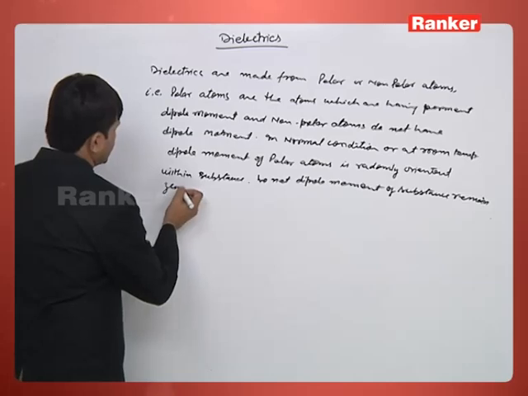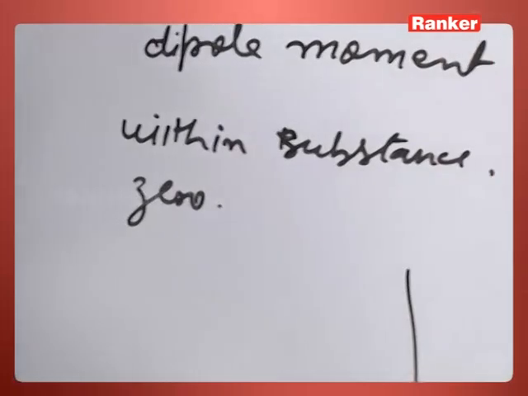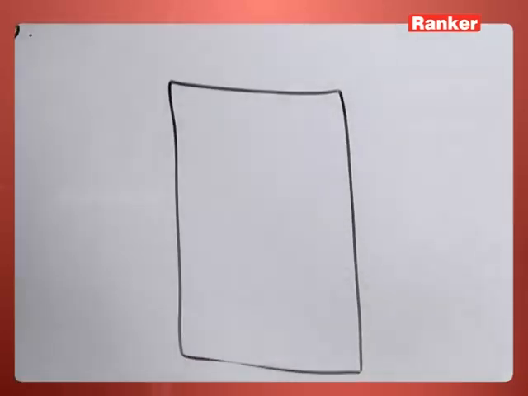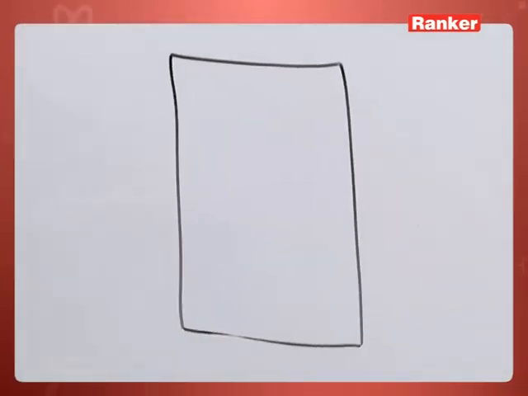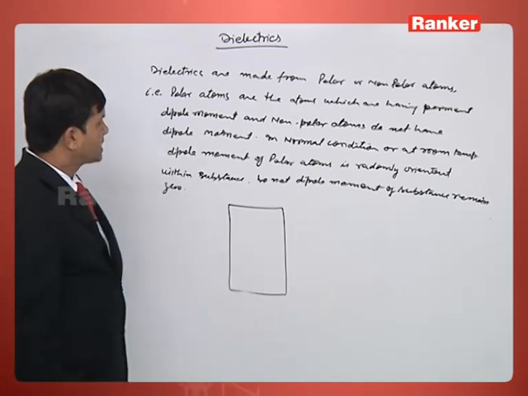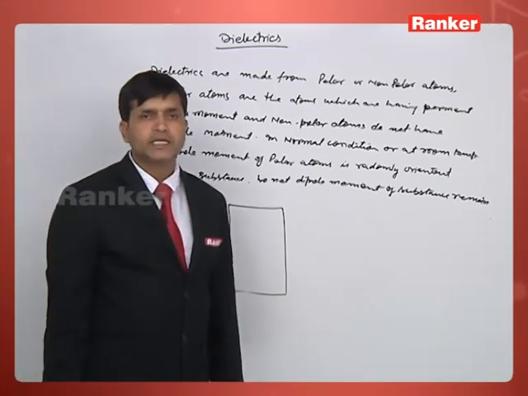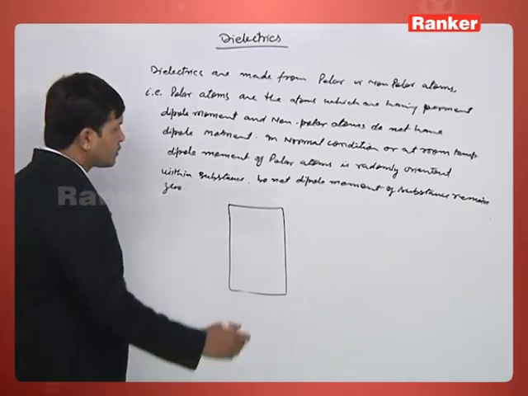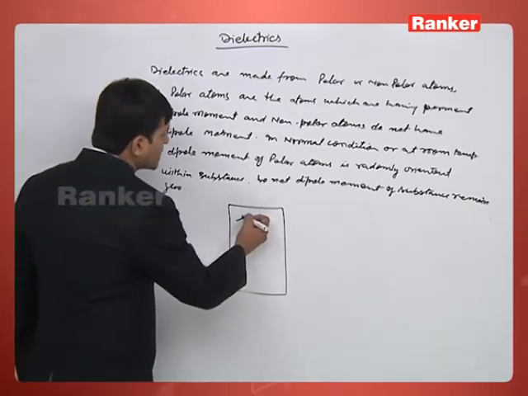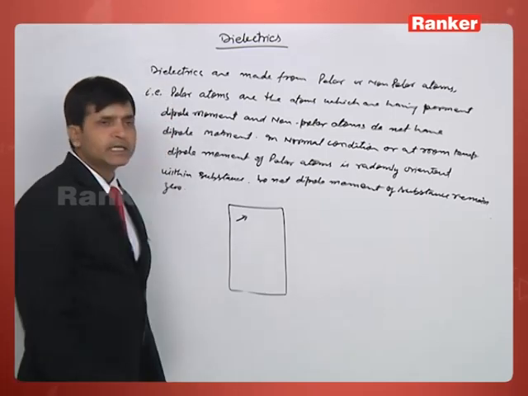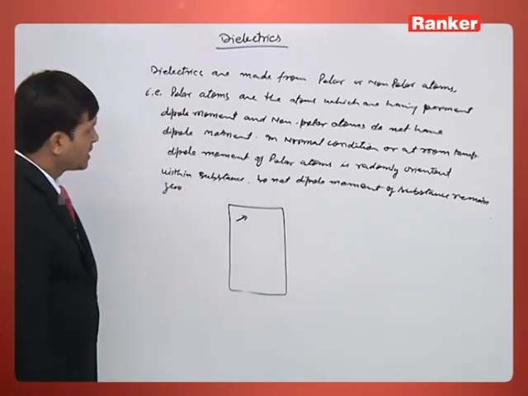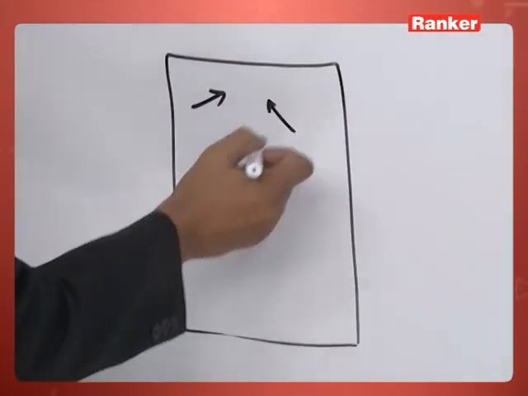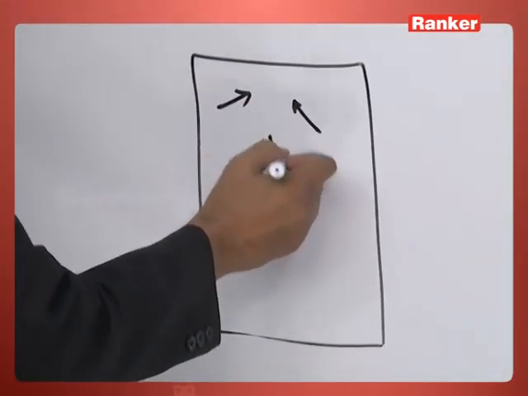Like this. Let this be any dielectric substance, a sheet of dielectric substance, at normal temperature. Normal temperature or normal condition means room temperature, with nothing applied externally. So the dipole moment of one atom is in this direction; arrows indicate the dipole moment direction. The dipole moment of one atom is like this, another atom may be like this, a third atom like this.